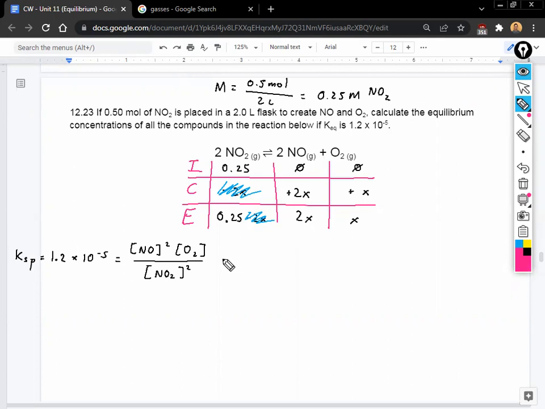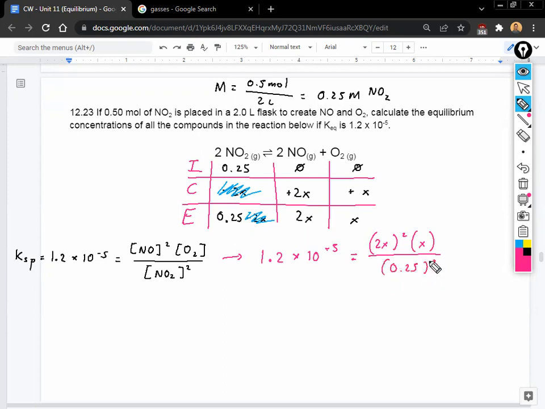Okay, so I'm going to write the equilibrium constant, 1.2 times 10 to the negative 5 equals, we got 2x for NO. Got to square that. We got x for O2. On the bottom, we're going to have 0.25, and then we're going to square that.